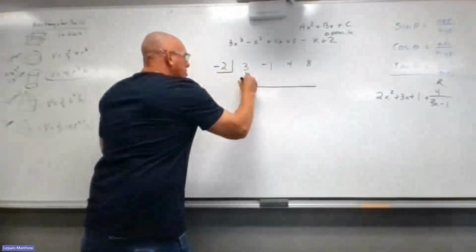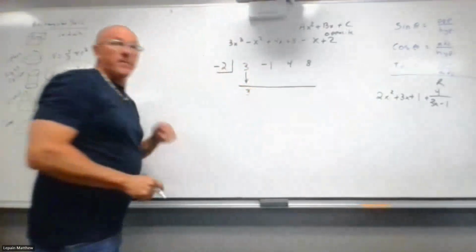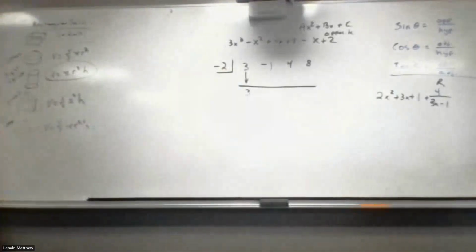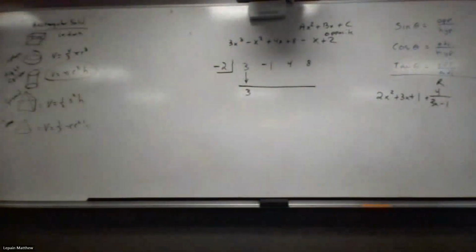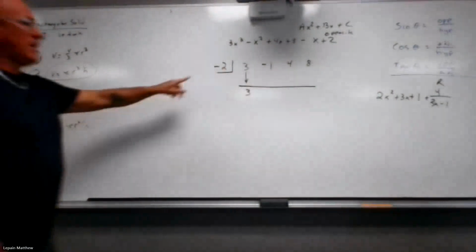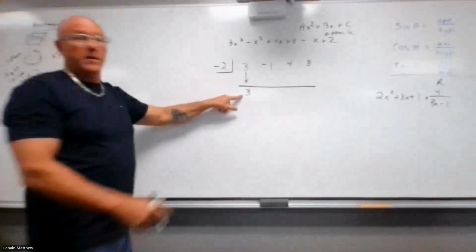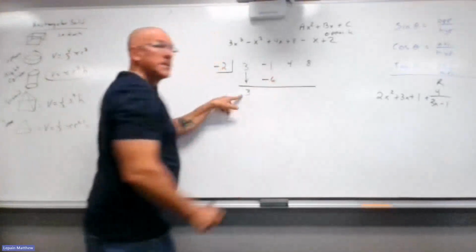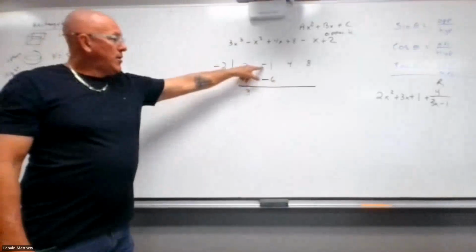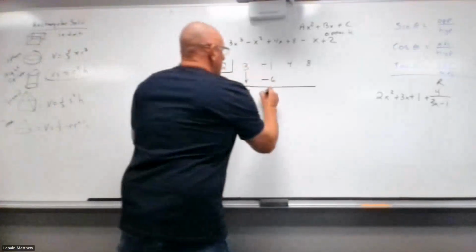Bring down the first term. Okay. -2 times 3. -6. Do the calculation. -7.